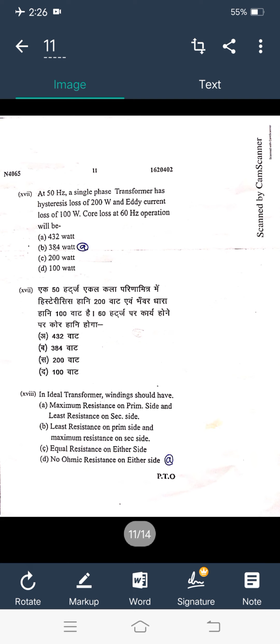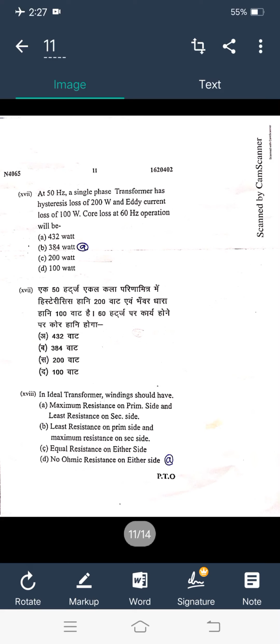The numerical question was question number 17, and the next is question number 18. In an ideal transformer, this is also a basic concept, the resistance of the primary and secondary sides will be 0.